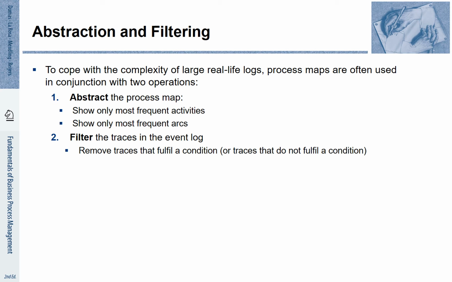The first option is to abstract. That means we show only the most frequent activities or the most frequent arcs. Or we filter the traces of the event log, for example, removing traces that fulfill a certain condition or that violate a certain condition.